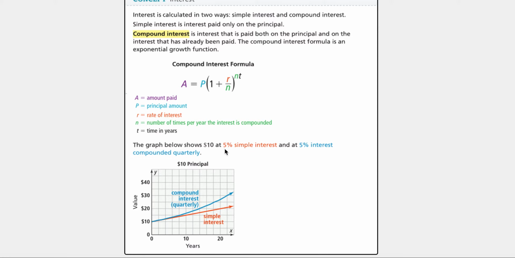The graph below shows $10 at 5% simple interest and 5% interest compounded quarterly. If you put these numbers in the formula, you can make the graph yourself and see how it works.